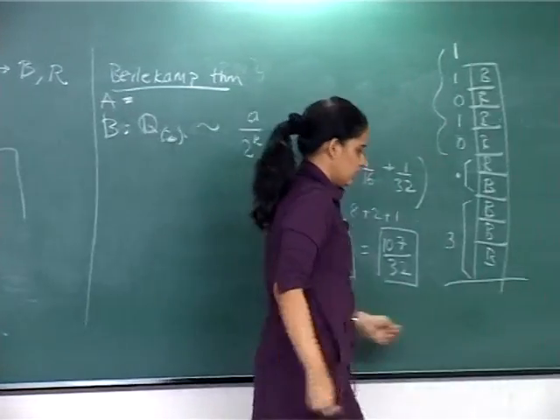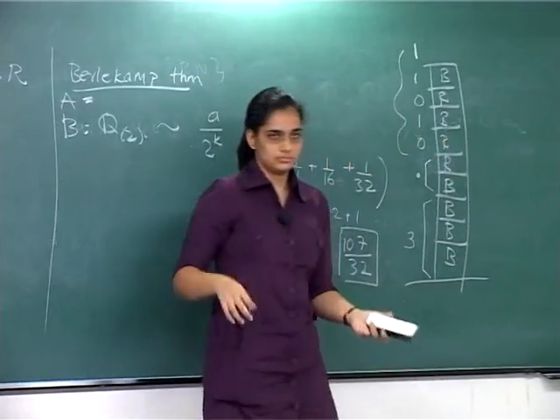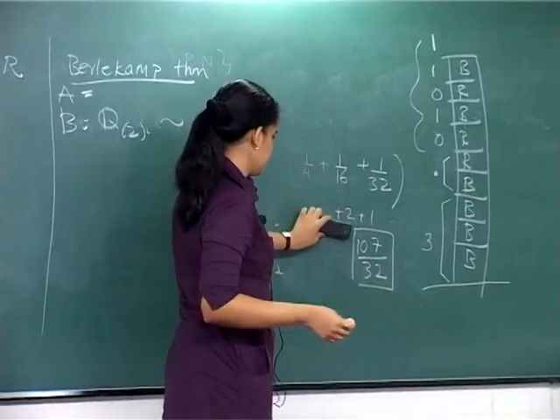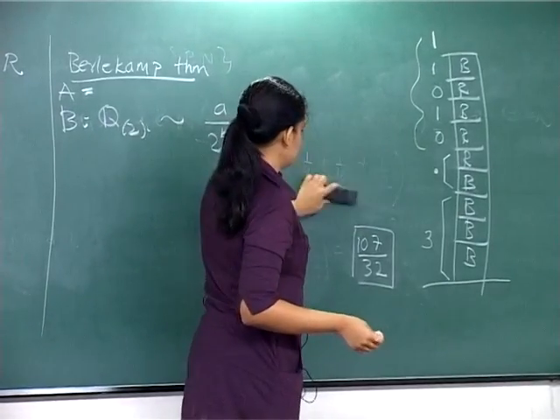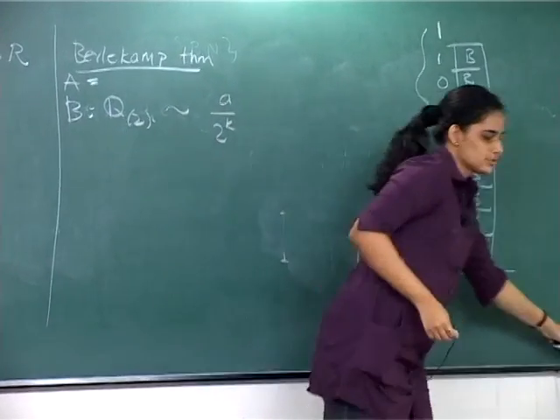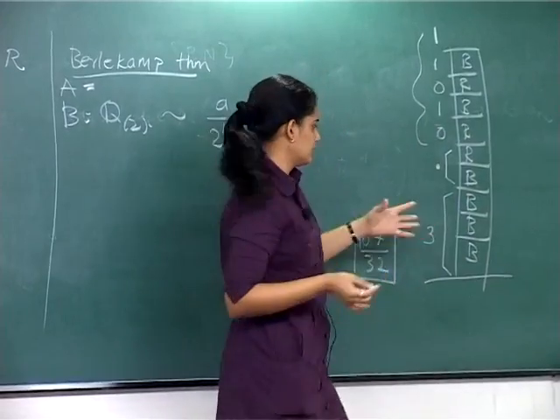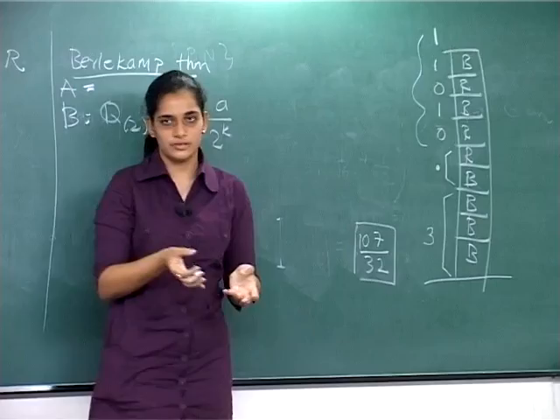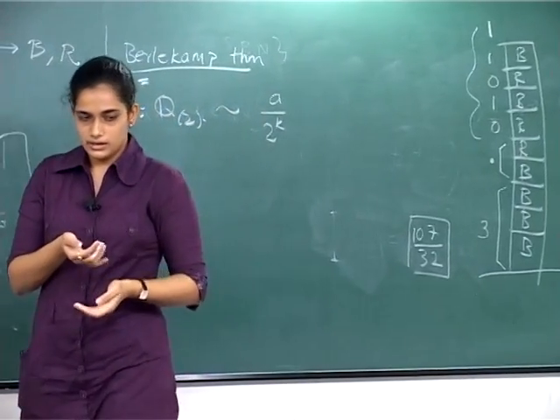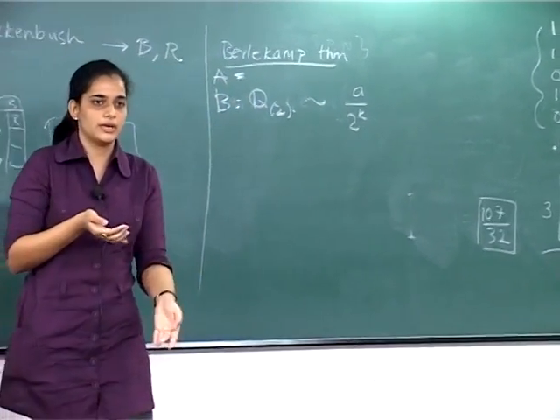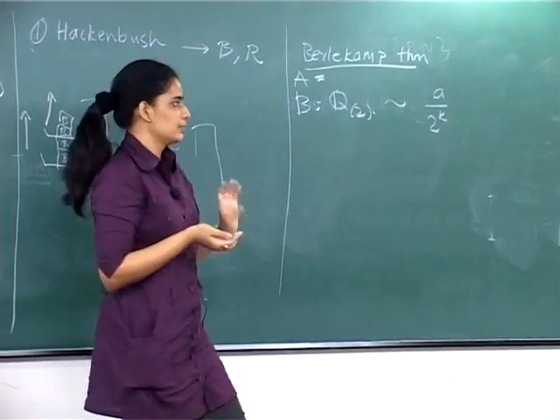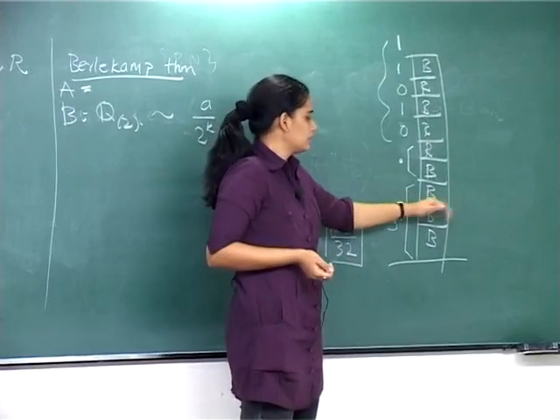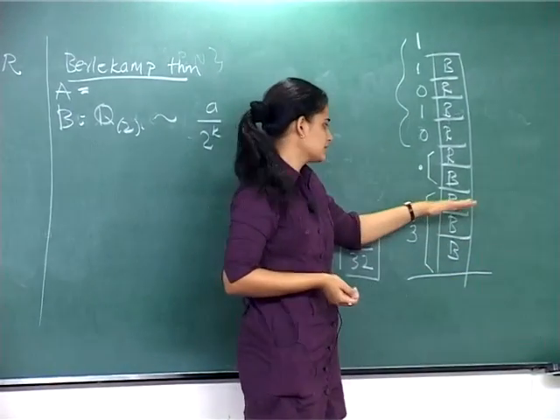There's actually a more intuitive and easier way to calculate this 107/32. We associate a weight to each counter. How is this weight calculated? If a counter has all the counters below it of the same color, its weight is 1. For example, this counter has all the counters below it blue, so its weight is 1.